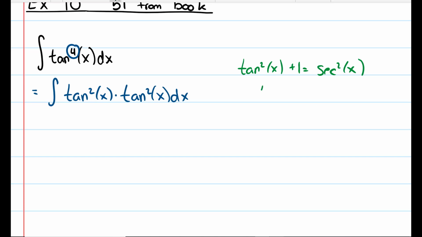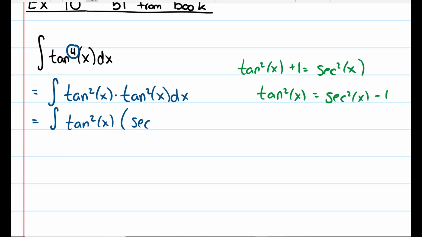So I want tangent squared by itself, so I have tangent squared of x is equal to secant squared of x minus 1. So I can rewrite this as the integral of tangent squared of x times secant squared of x minus 1 dx.